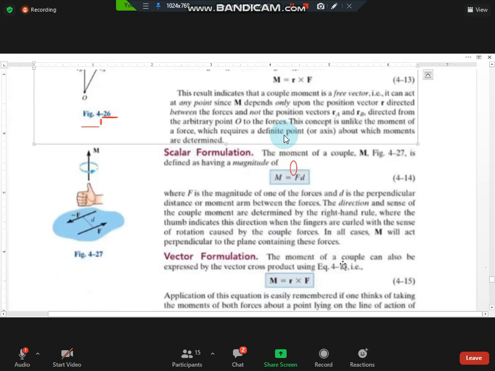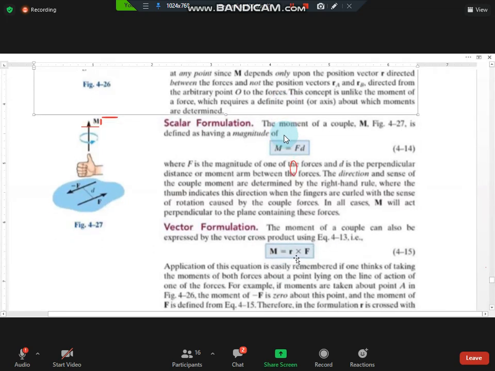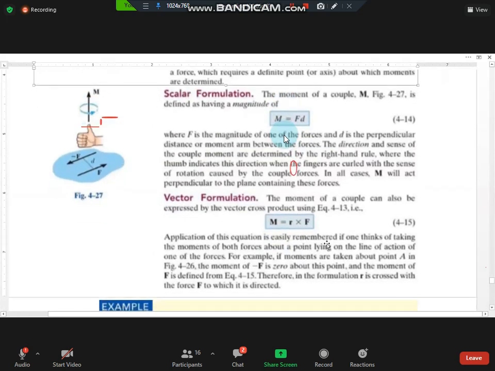Vector formulation. The moment of a couple can also be expressed by the vector cross product, using the previous equation, like R cross F. Application of this equation is easily remembered if one thinks of taking the moment of both forces about a point lying on the line of action of the force.